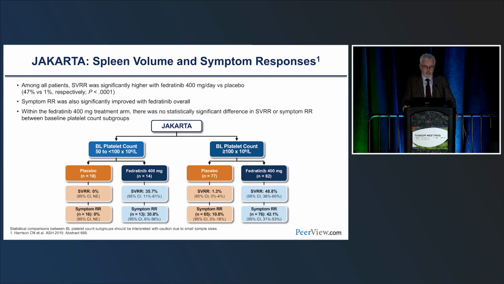On the right side, patients with baseline platelets above 100. There is little difference between the two. So fedratinib can be given at a dose of 400 milligrams without dose adjustments to all the patients with platelets above 50. No dose adjustments, unlike ruxolitinib, where you do need to dose adjust at the beginning based on the platelet number.